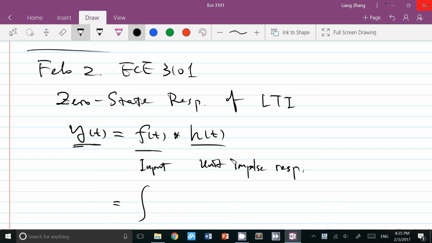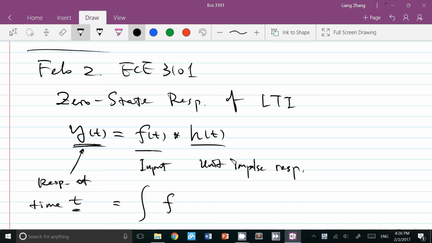So y of t is actually the response at time t, right? It's the result of the input signal f, but input signal f spans from t equal to negative infinity to t equal to plus infinity. Every single point on the input signal can affect the output at time t.